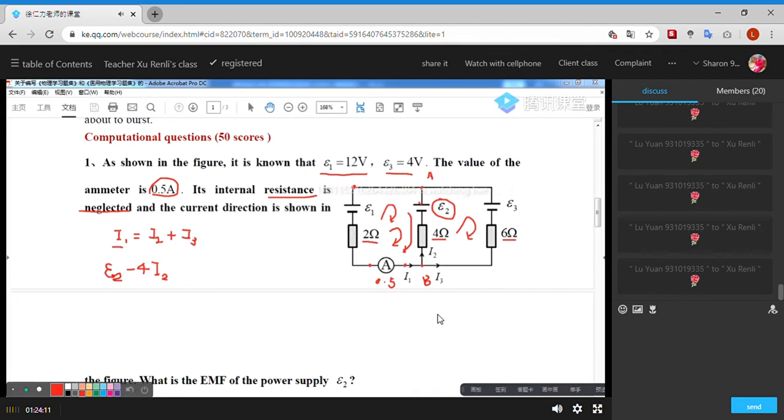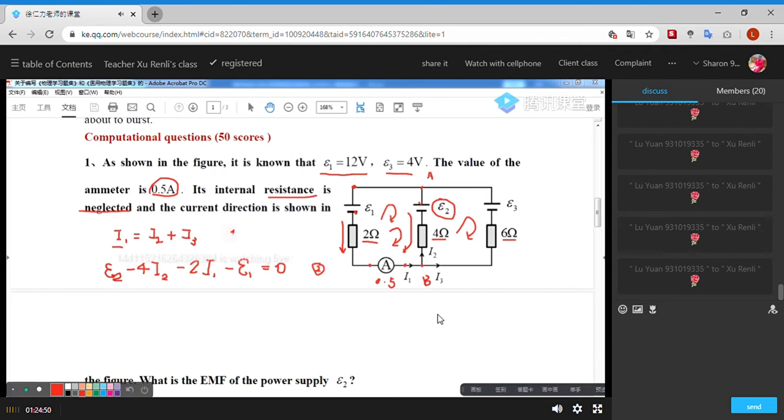For this resistor, the current direction is opposite to our loop direction, so it's minus 2I1. And here we first meet the positive pole of this battery, so it's minus epsilon 1 equal to 0. This is equation 2.